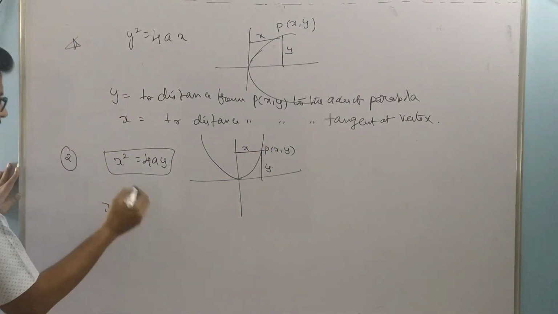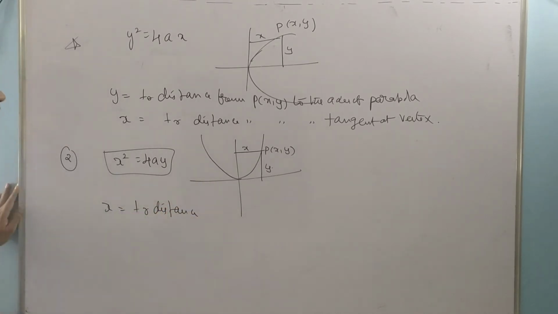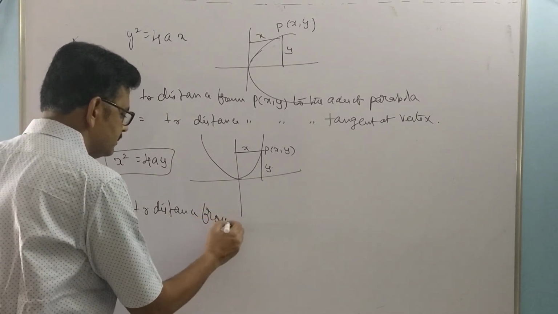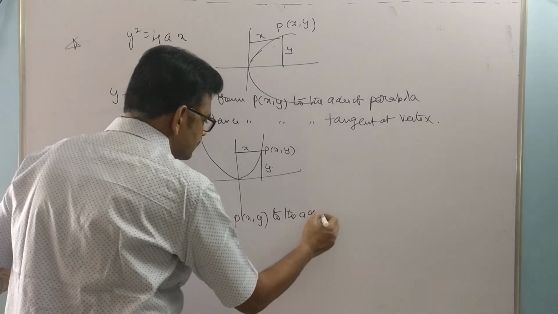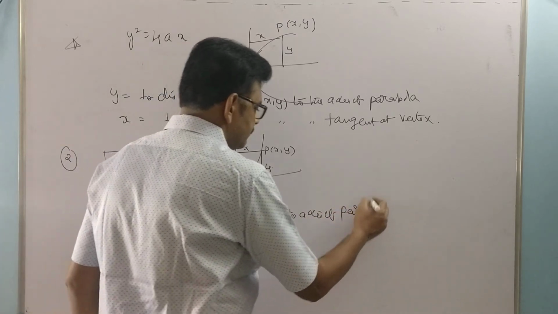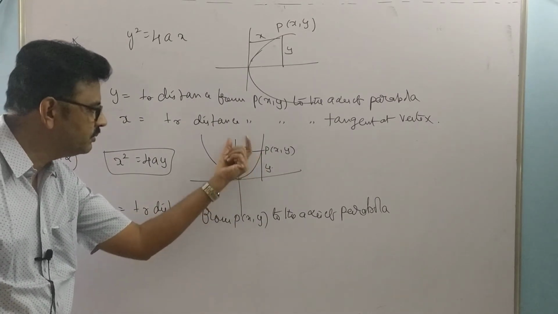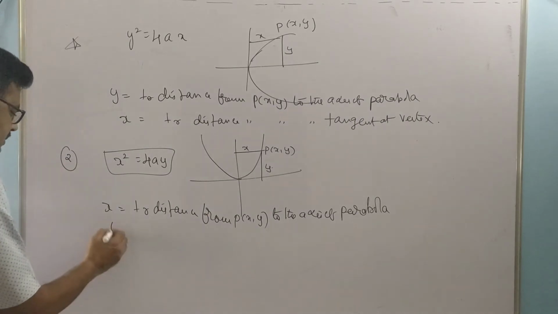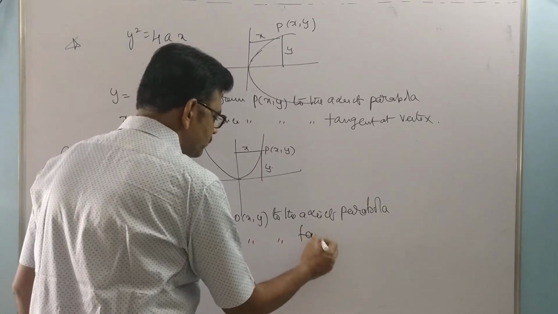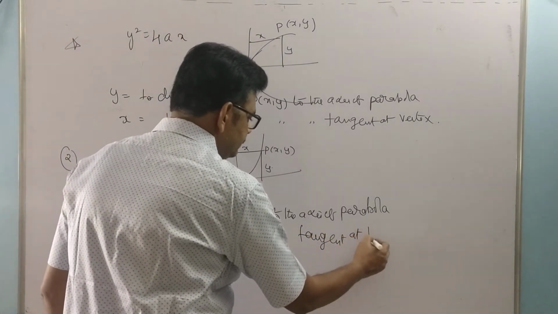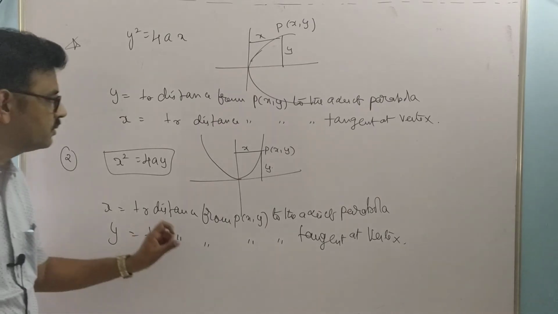Here x is the perpendicular distance from the point P to the axis of the parabola, and y is the perpendicular distance from the point P to the tangent at the vertex.